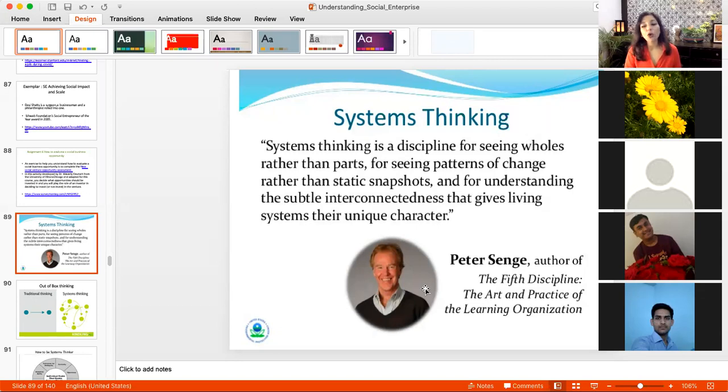It cuts across organizations, think tanks, policymakers, and of course business people and social entrepreneurs, who do adopt this methodology of thinking. So it's a very systematic and scientific way of looking at a problem from a fully holistic perspective.